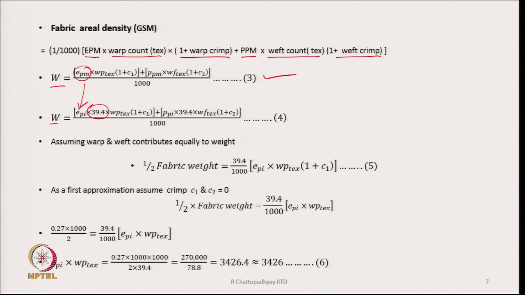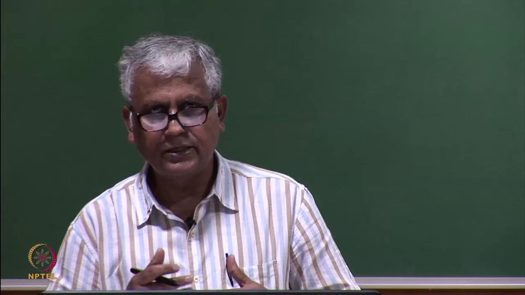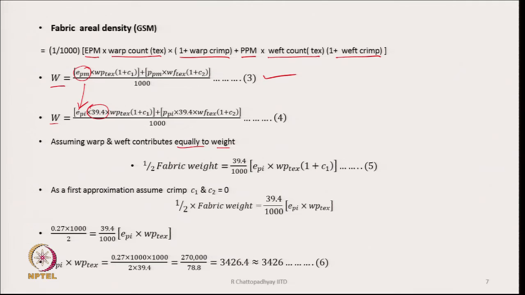Now, let us assume that the warp and weft contribute equally to the weight. That means, it is a fabric where warp density and weft density are exactly the same, and they are also made from the same yarn. Therefore, half the fabric weight is going to be how much? 39.4 by 1000 EPI WPTX and 1 plus C1.